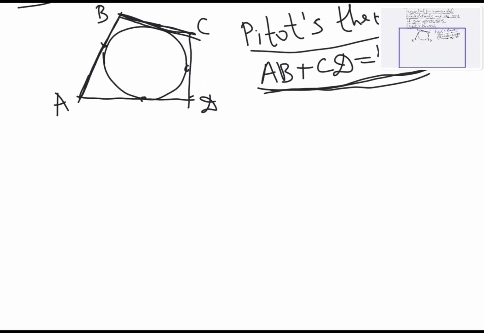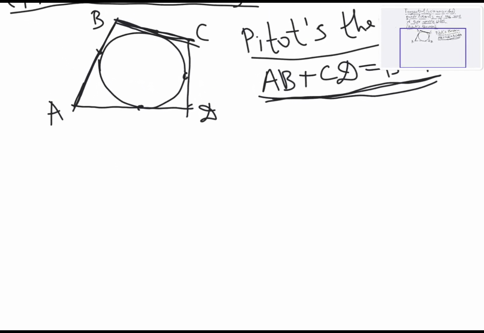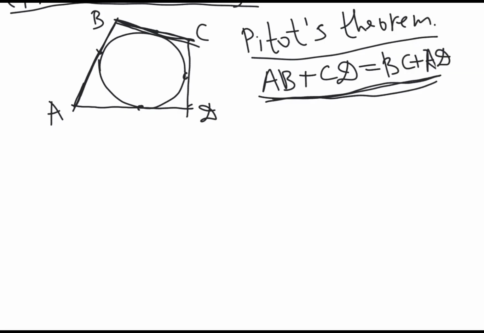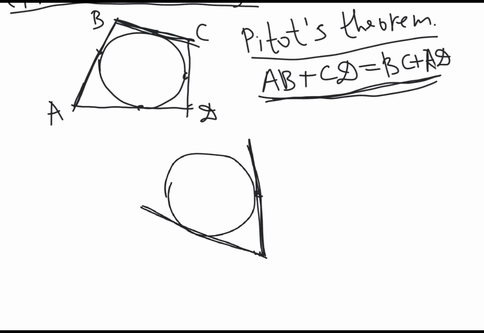So basically, we are going to use the fact that if we have two tangents from the same point to a circle, then these two segments are equal to each other. I proved this in a separate video. It's quite an easy proof.